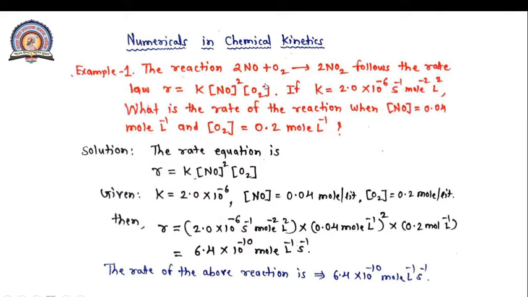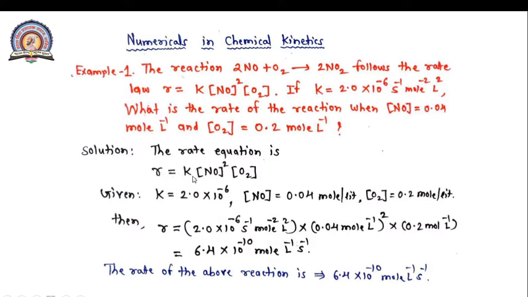Now in this case, the rate law is given, the value of K is given, and the concentrations of NO and O2 are given. Now solve this problem. Students, first of all write this rate equation.